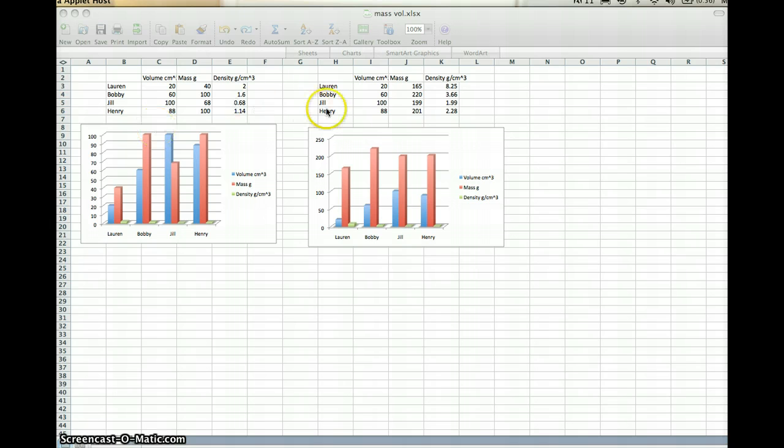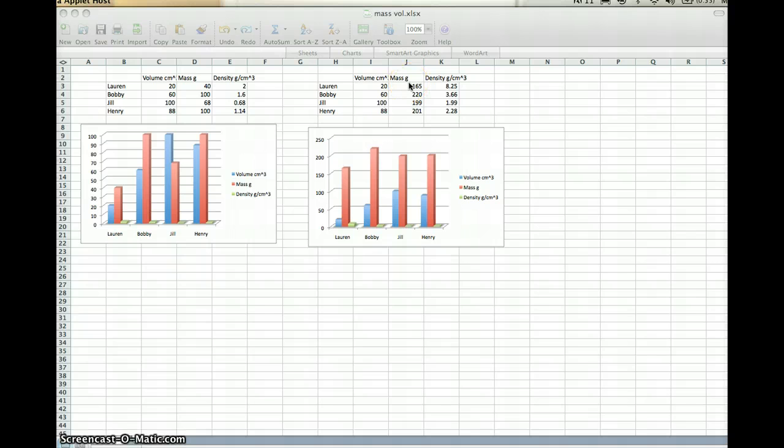If you look to the chart to the right, you can see in the volume section, Lauren's suitcase stayed the same at 20 centimeters cubed, 60, 100, and 88. All these numbers are the same. But if you look at the mass, let's say Lauren went on vacation to Florida and she added snorkels and seashells, and so the mass got built up to 165 grams.